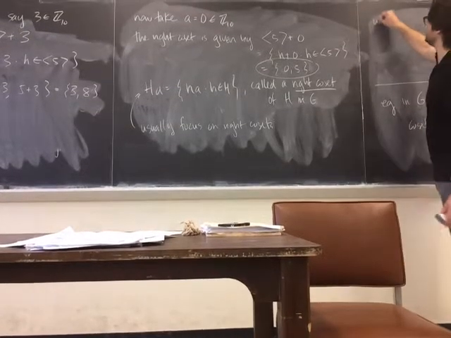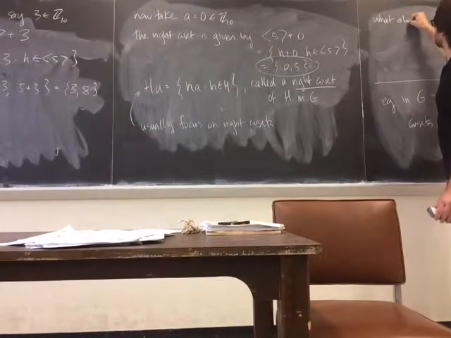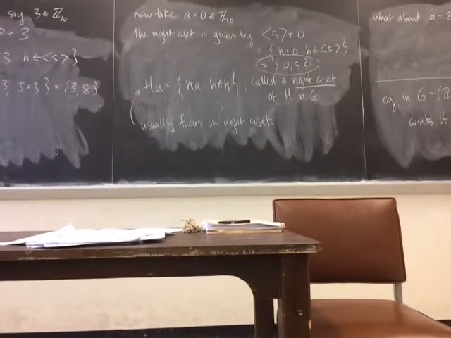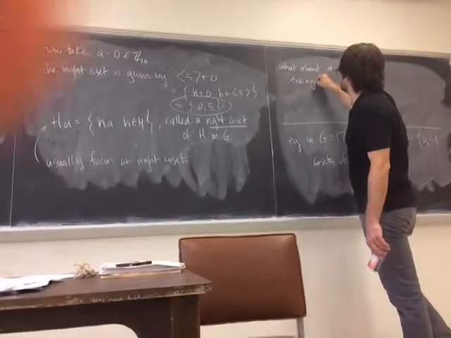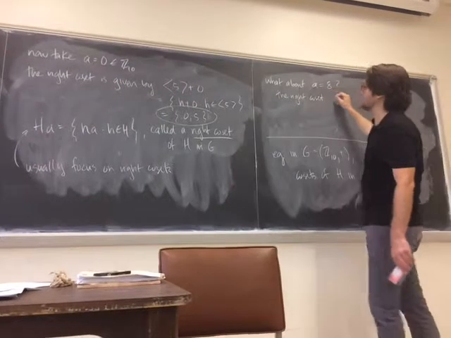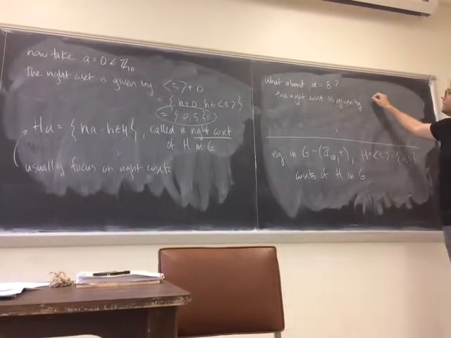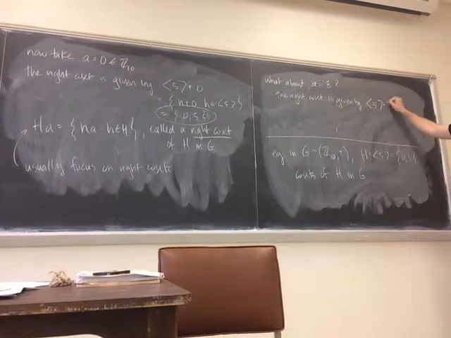So what about if A equals 8? So the right coset is given by, let's see, I take the subgroup plus the element, right?